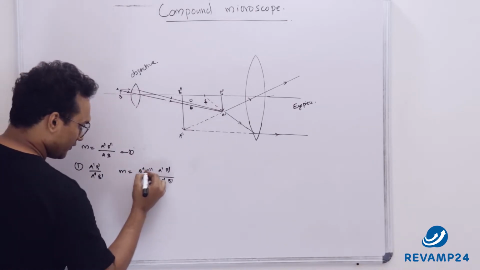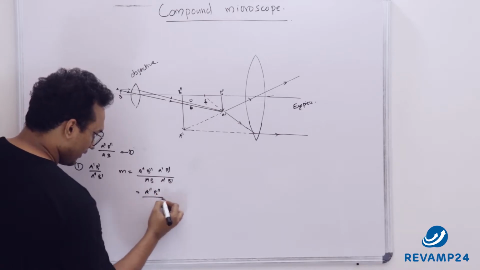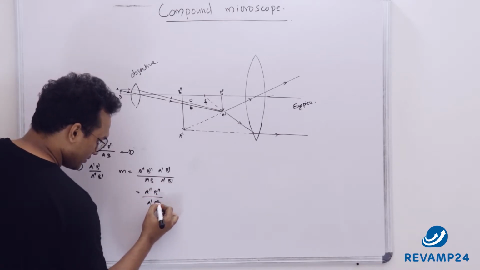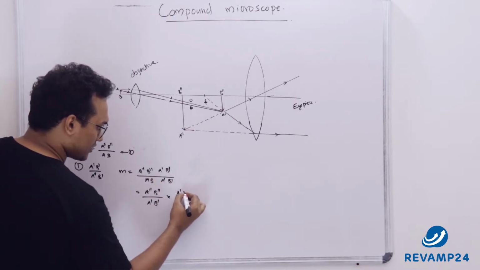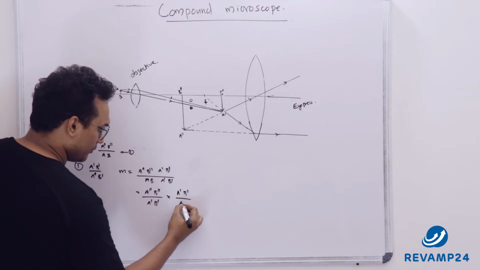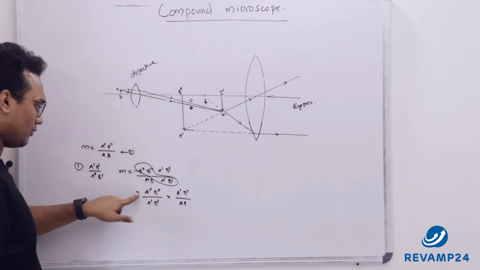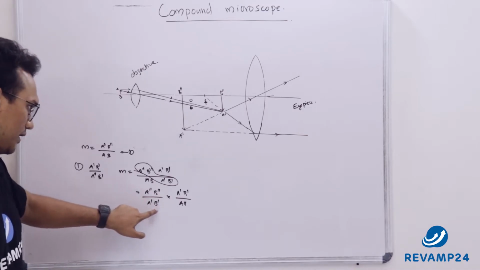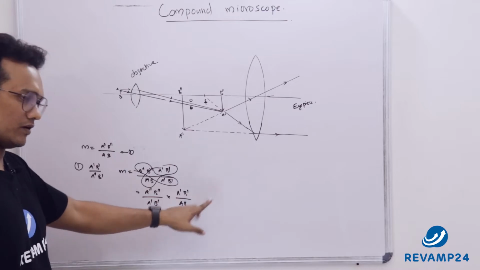So I am going to simplify this as A double dash B double dash divided by A dash B dash into A dash B dash divided by AB. See, these 2 I have taken as one term, A double dash B double dash divided by A dash B dash. Now these 2 I have taken as one term, A dash B dash divided by AB.